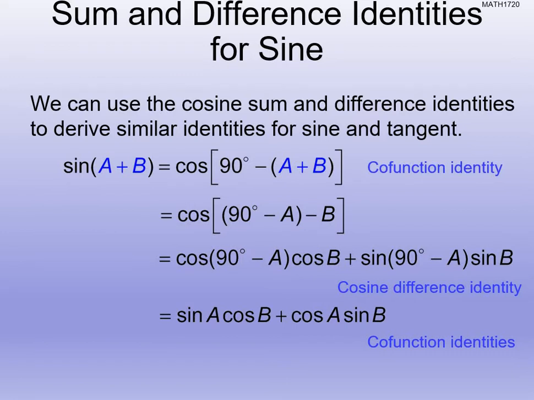Plus, sine of 90 minus a is equal to cosine of a because of the cofunction identity. So this is where we get sine of a cosine of b plus cosine of a sine of b. We've used the difference identity for cosine and the cofunction identities to rewrite sine of a plus b as sine of a cosine of b plus cosine a sine b.